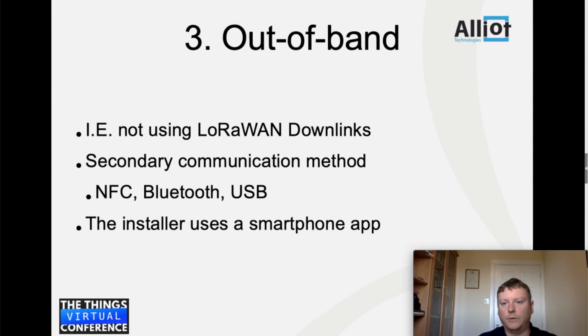Sometimes they can use Bluetooth as well, which similarly means you need to be physically with the device. I've also seen this done by USB, so some devices have a USB port on them or inside them, and you have to plug a cable in and then reprogram the app EUI and key that way. These are all okay.